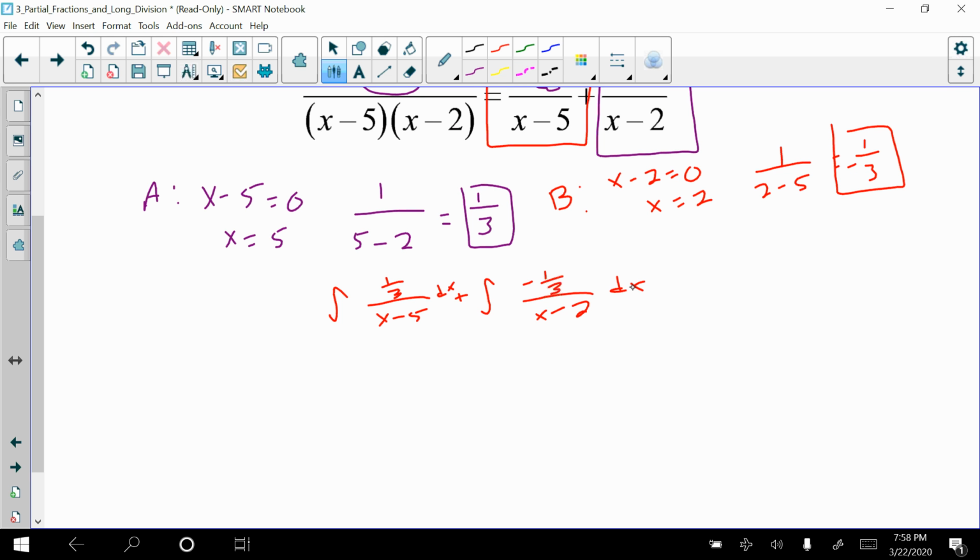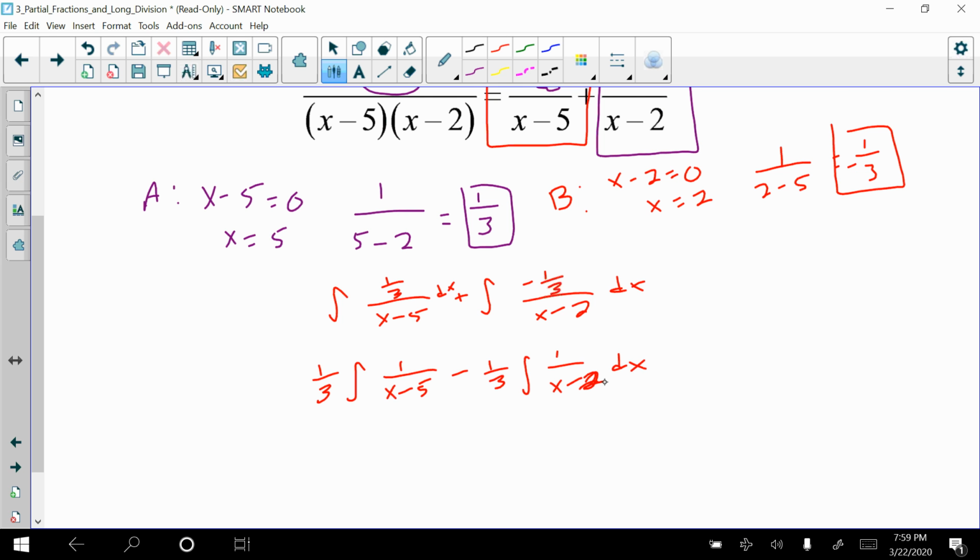And then, if you really want to, because they're fractions, it kind of makes sense to pull out each constant from the numerator. So I would have 1/3 integral of 1 over x minus 5 plus, and in this case I'm pulling out a negative number, so we'll say minus the 1/3 integral of 1 over x minus 2 dx.